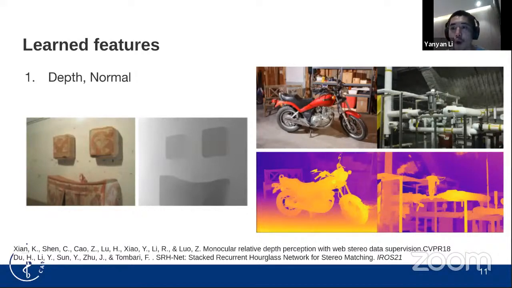right figure. When we feed stereo images to the network, we also can get the depth map of the target or source image.